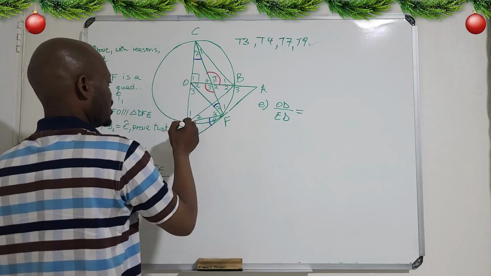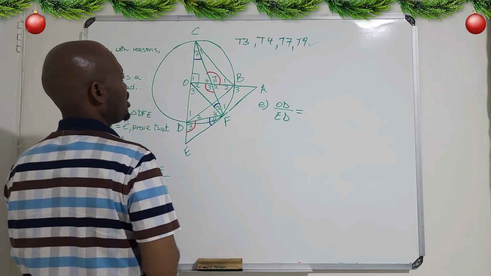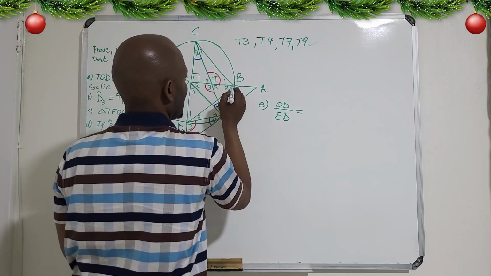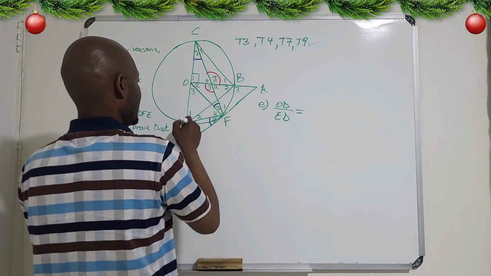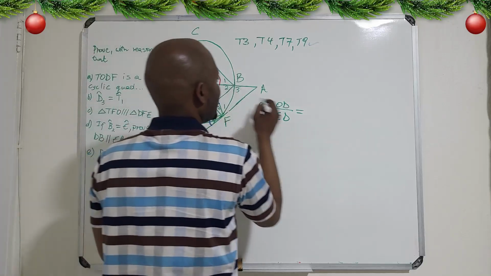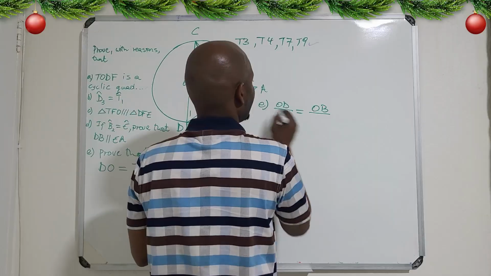Therefore this over that, since these two sides are parallel, is equal to this over that. So OD over ED is equal to OB over AB.